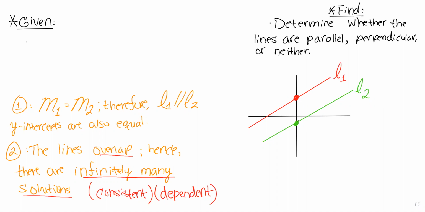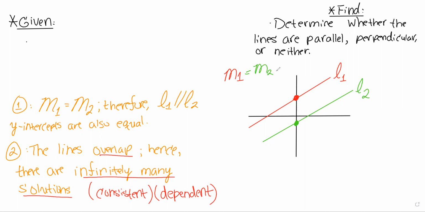So in this case, our system of equations could represent two lines where slope 1 equals slope 2, but they have different y-intercepts. So in that case, what can you conclude about the system of equations?